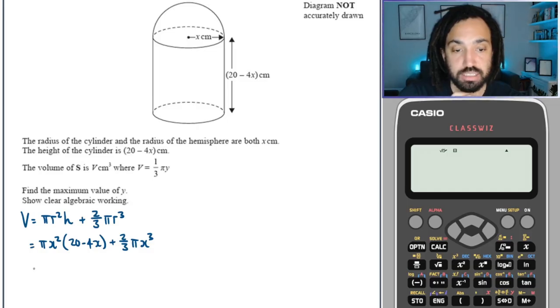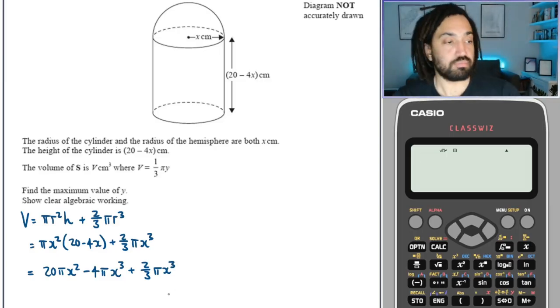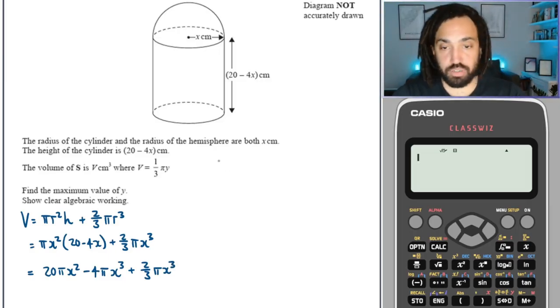Right. What we're going to do next is expand out. So we get 20 pi x squared minus 4 pi x cubed plus 2/3 pi x cubed. Okay, good.